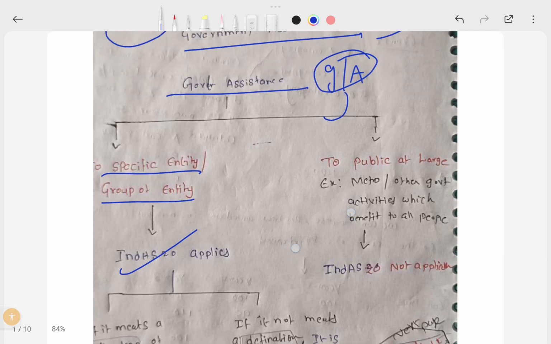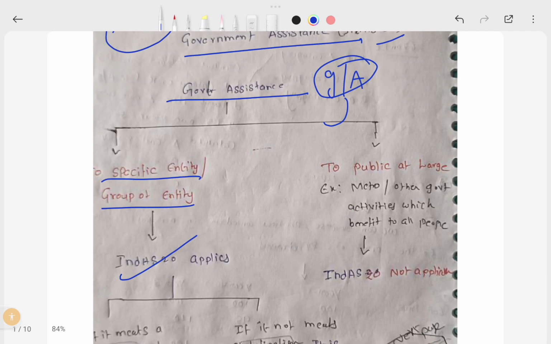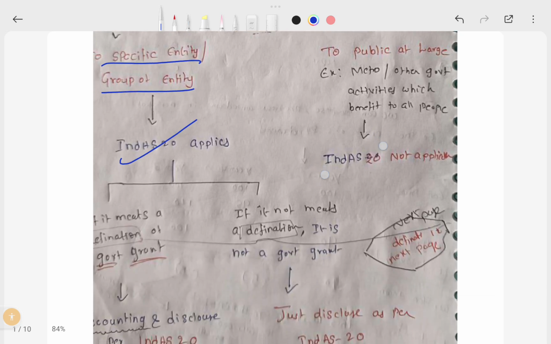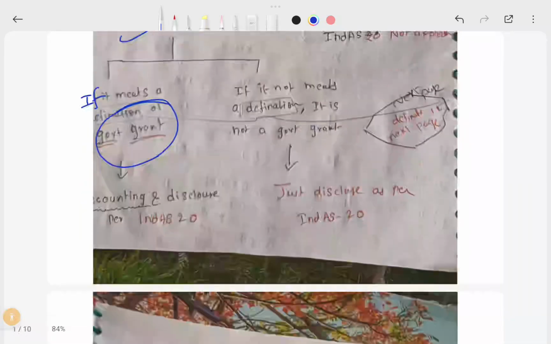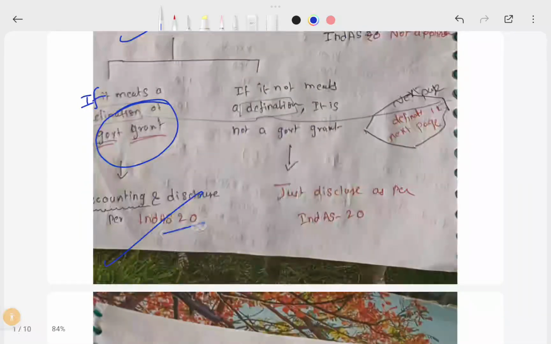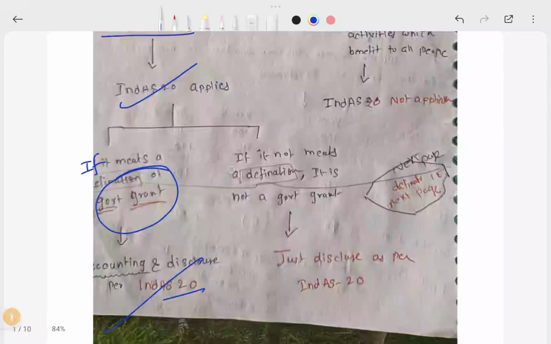If the government gives assistance to a specific entity or group, you need to check whether it meets the definition of a government grant. If it meets the definition, it will be accounted for and disclosed under IndAS 20. If it does not meet the definition, it is not a government grant.